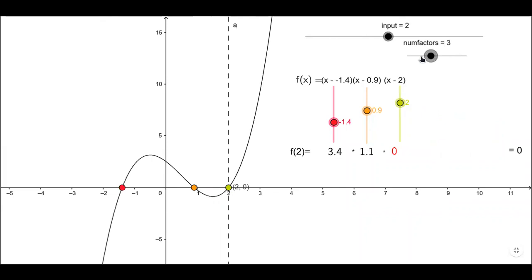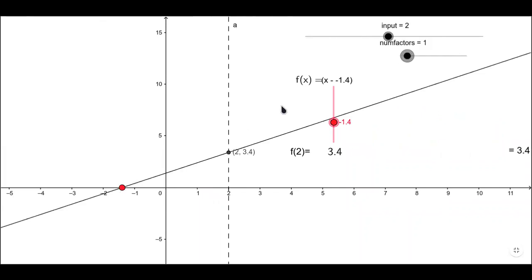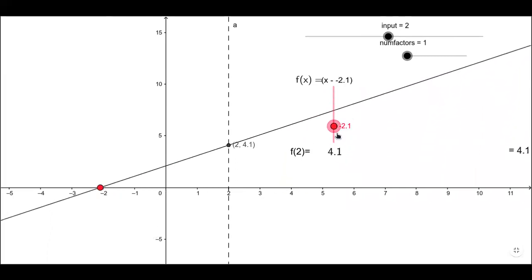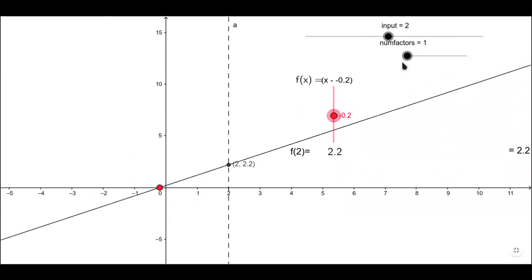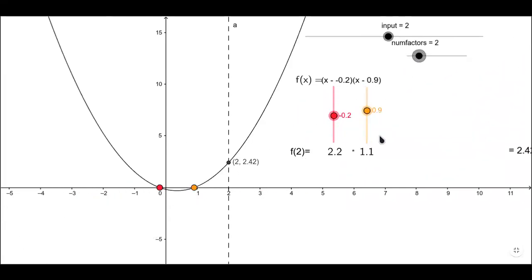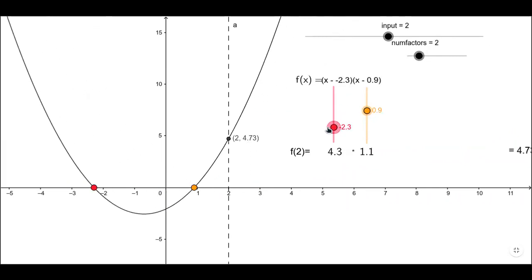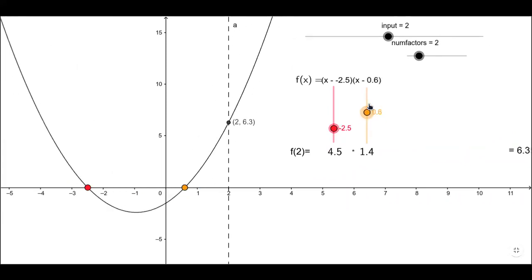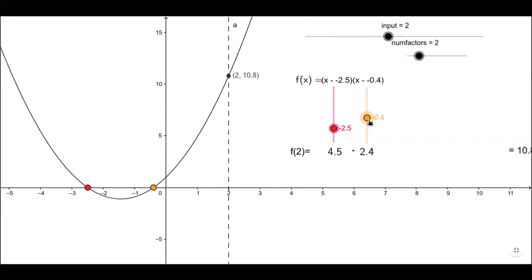So we can demonstrate the number of zeros of a polynomial. Suppose for a linear polynomial, all the time or most of the time, I have only one intercept. Suppose I go with 2, then I can see this is pink and the orange one. So maximum 2.